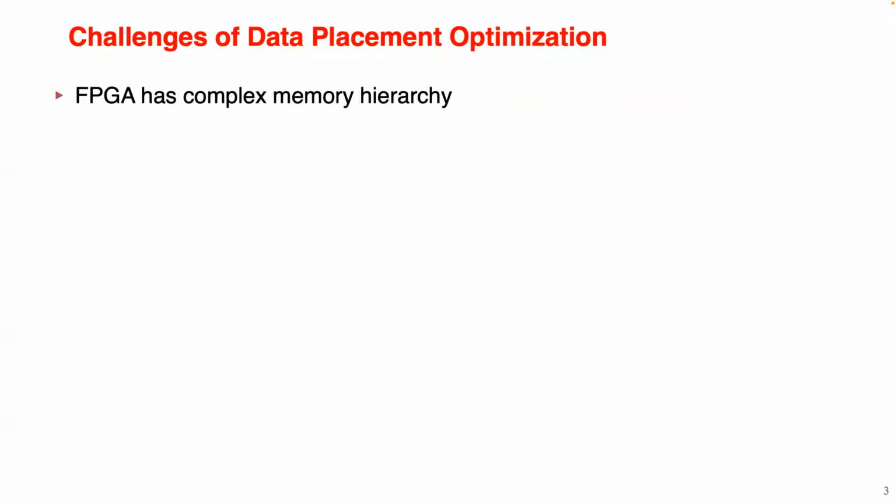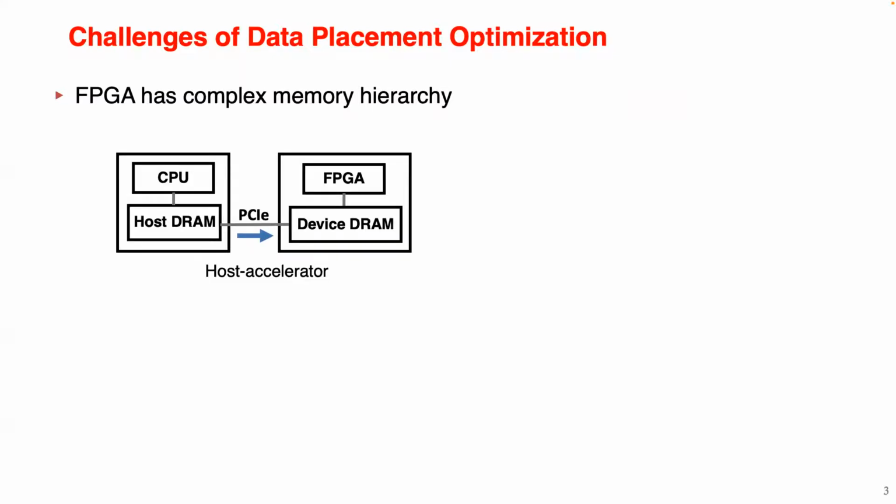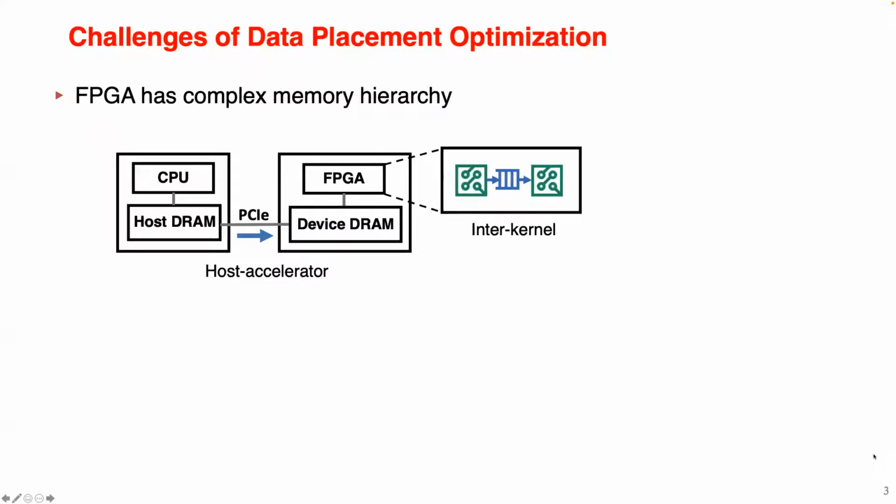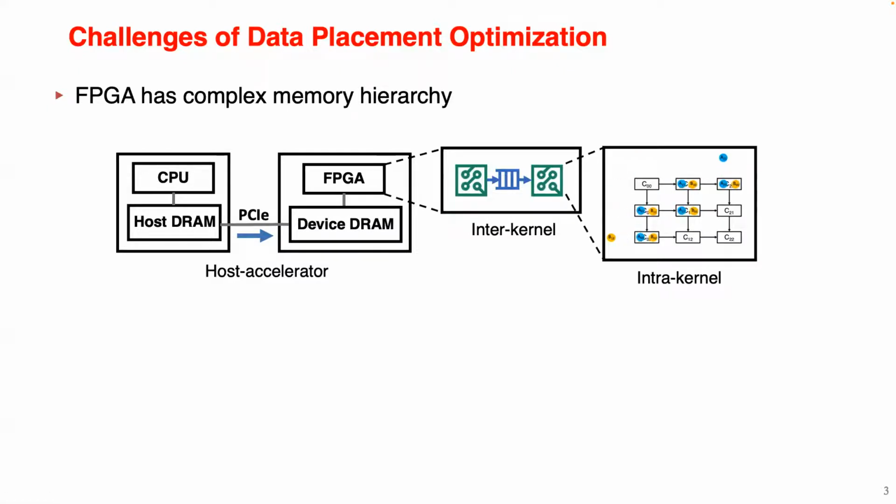First, FPGA has a complex memory hierarchy, and the data placement can happen at different levels. Specifically, as FPGA programmers, we need to take care of data placement between host and accelerator, data placement between kernels inside the accelerator, as well as the data placement between processing units inside a kernel.